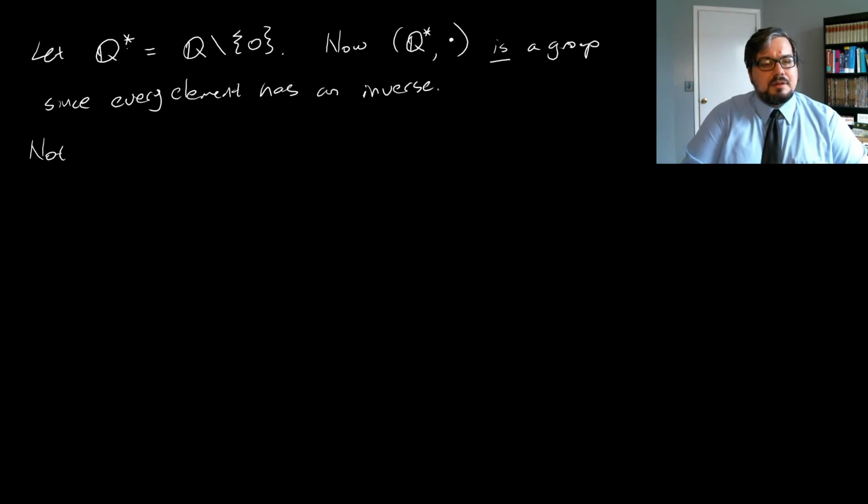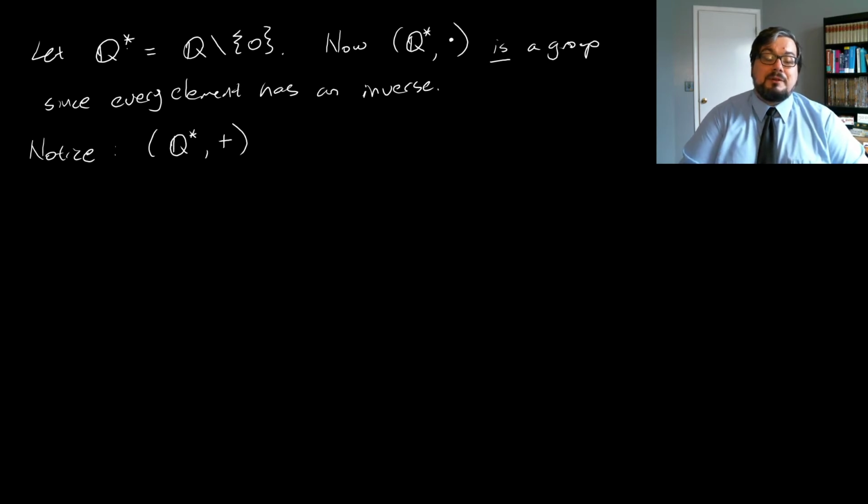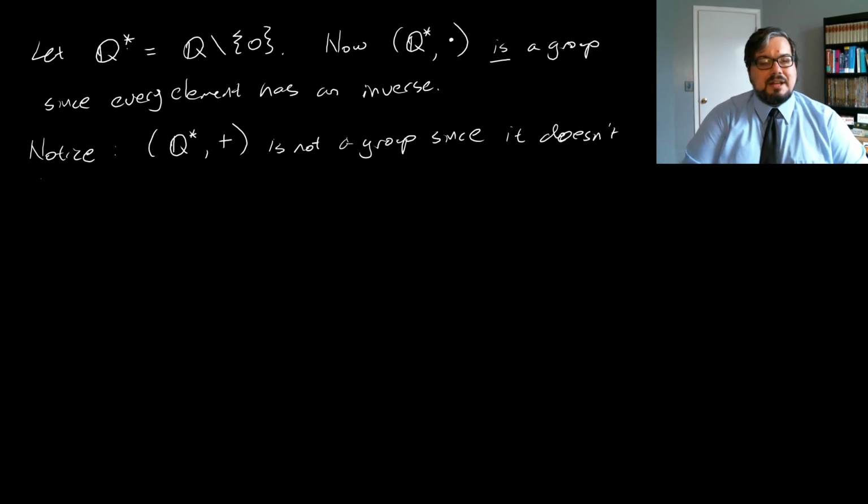Notice, though, that once again, whether or not we have a group depends both on the operation and on the set. So for instance, Q star with addition is not a group, since, well, there are several reasons, but in particular, it doesn't have an identity.